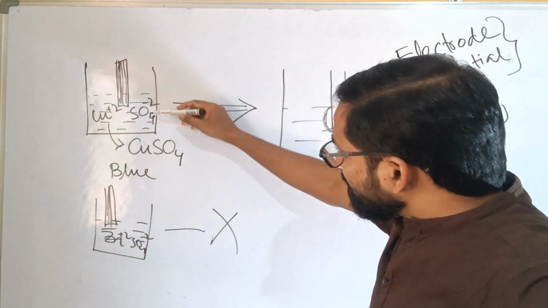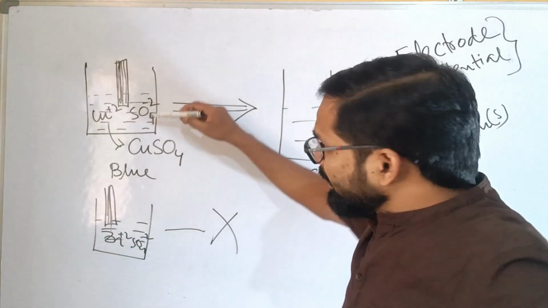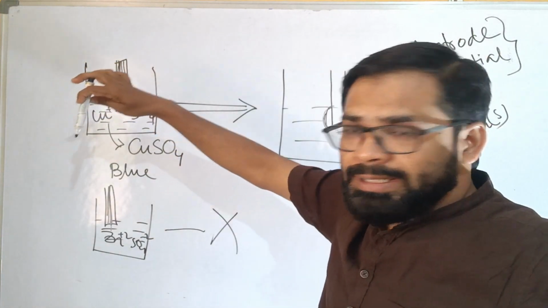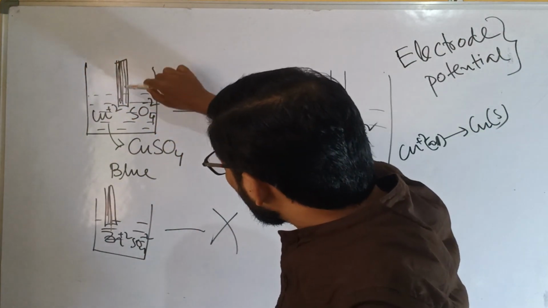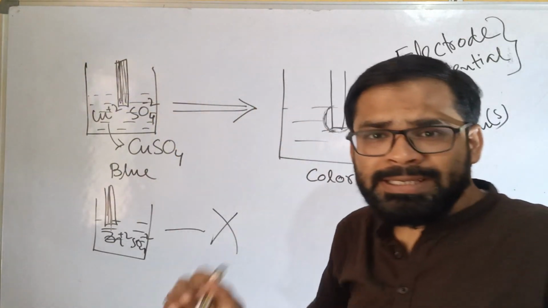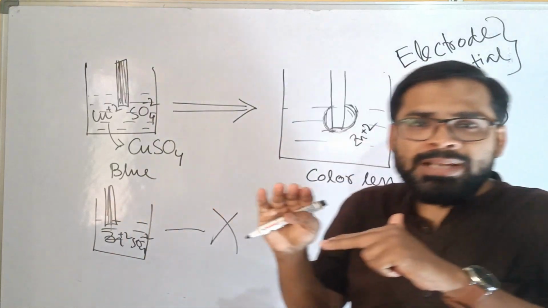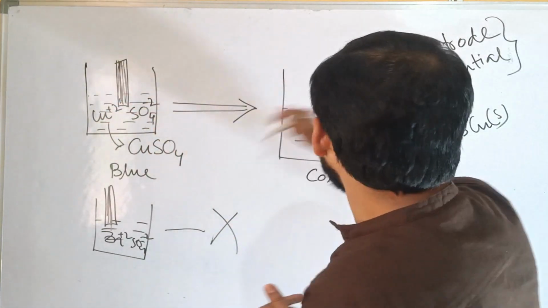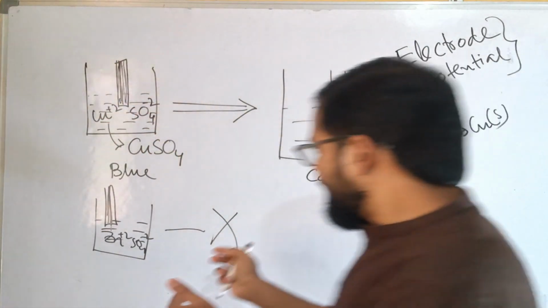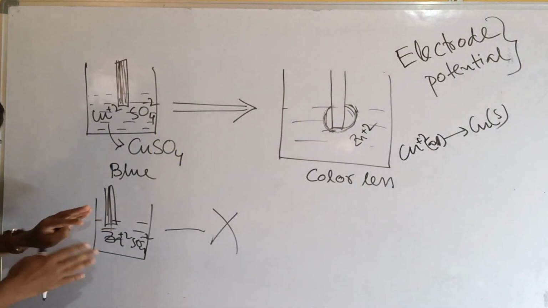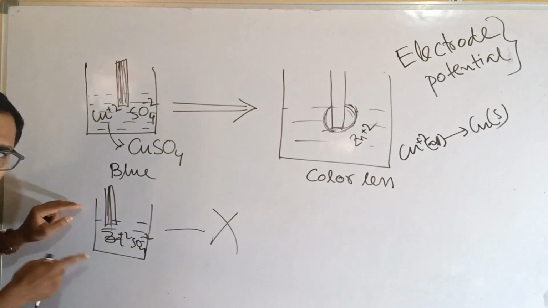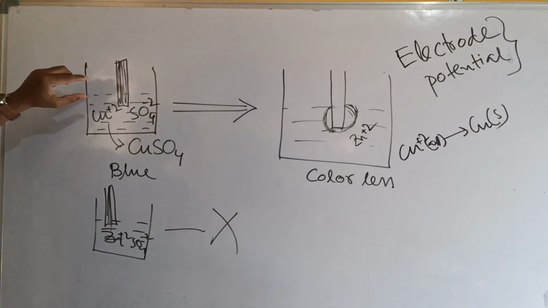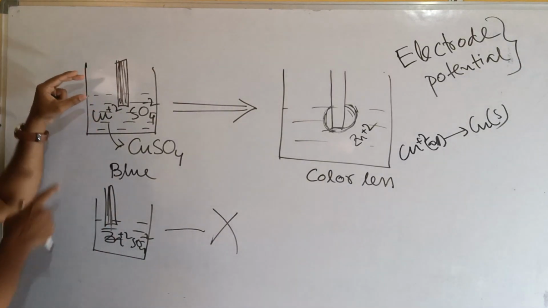It means in the CuSO4 solution, if we dip a zinc electrode, a potential difference develops between the electrode and the electrolytic solution, and that is called electrode potential. But in the other case there is no development of electrode potential, no potential difference.